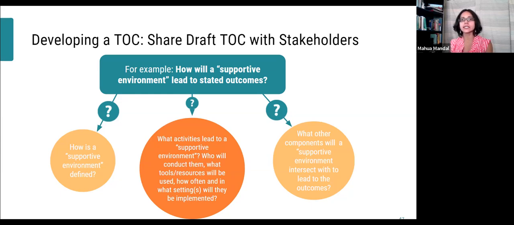And this level of detail is often needed to make sure that ambiguous terms get grounded in something that people are really able to visualize in their heads. And then also, what other components does a supportive environment intersect with in order to lead to outcomes?